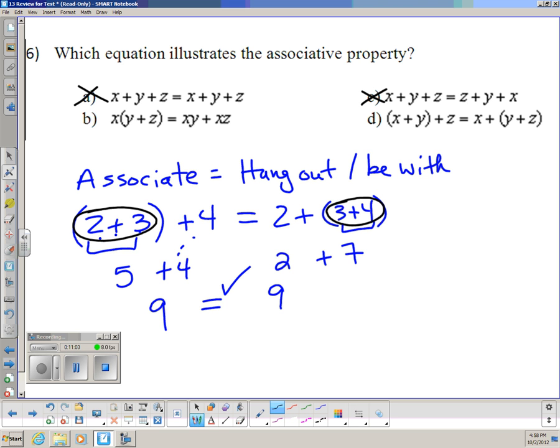Choice B has a parentheses on one side, but if you look, what I've done here is we've distributed the x to both the y and the z. So that's the distributive property. So last but not least is D. If you look, I have x plus y in one parentheses, and on the other side we have y plus z. So two different people or two different variables or two different numbers are associating with each other on one side versus the other side of the equation.